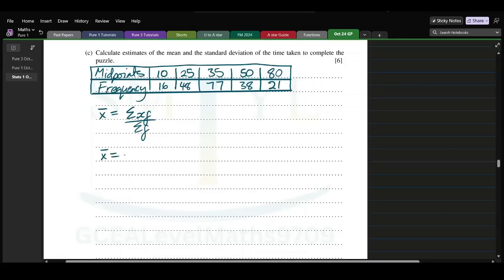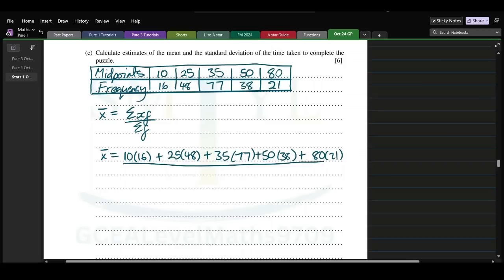X bar is equal to 10 times 16 plus 25 times 48 plus 35 times 77 plus 50 times 38 plus 80 times 21, and this is all over 200.